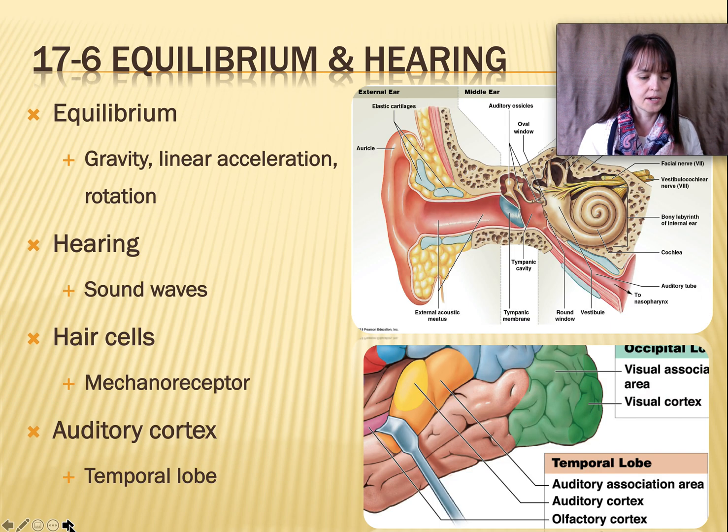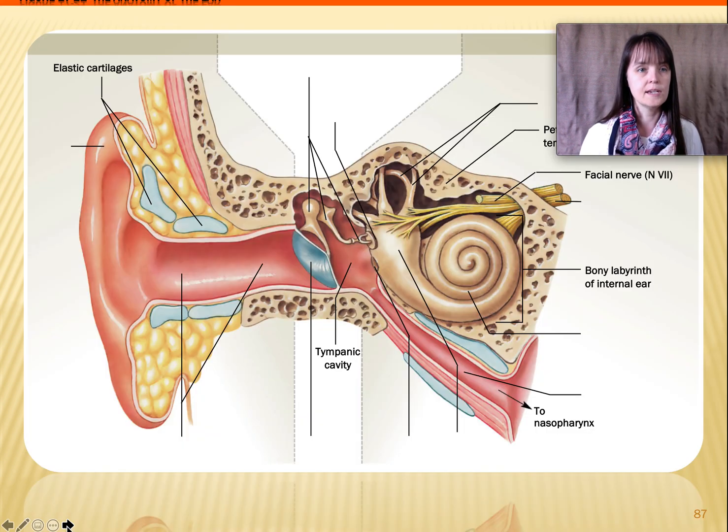Okay, so the anatomical regions of the ear: we have the external ear or outer ear, and the function is to collect and direct sound waves to the middle ear. The middle ear collects and amplifies sound waves and transmits them to the inner ear. And the inner ear, or internal ear, does your hearing and equilibrium.